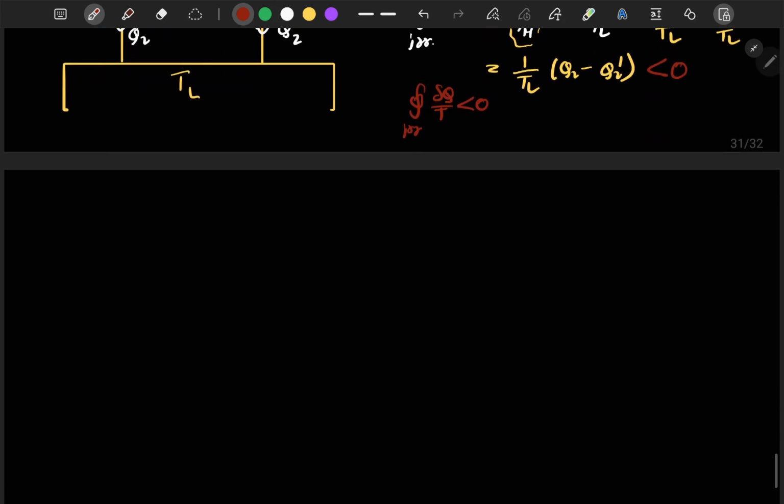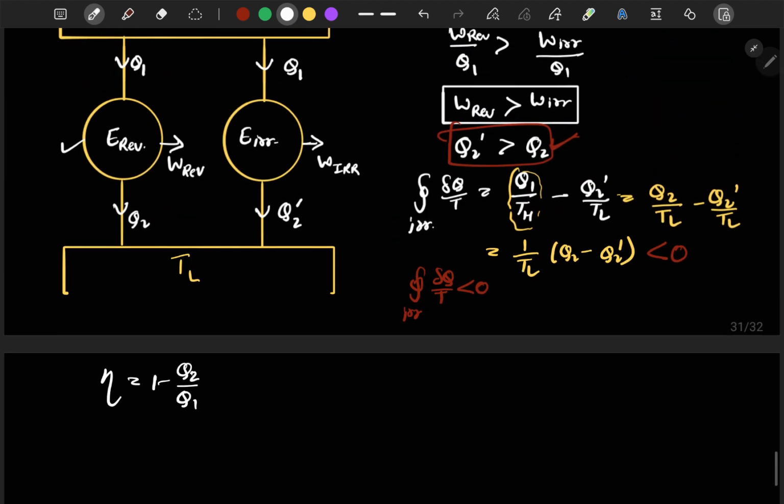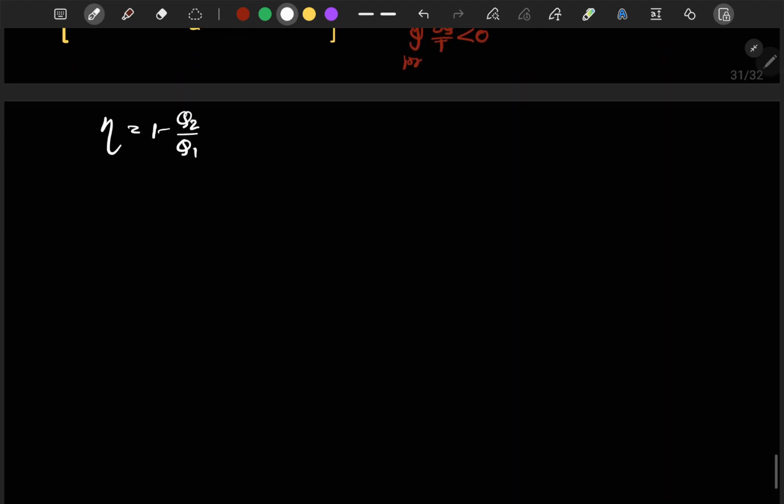But before that, let me clarify a few things here. As I mentioned earlier, the efficiency of a system is written as 1 minus QL by QH, or Q2 by Q1 according to this diagram. This relation is applicable for both reversible and irreversible engines.